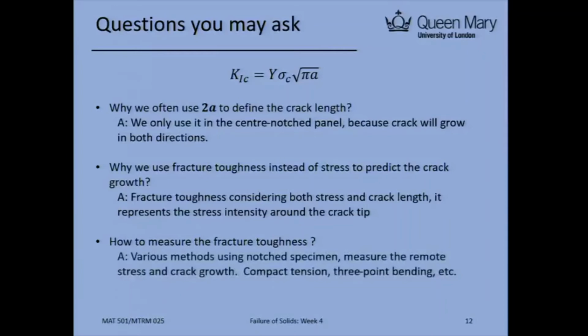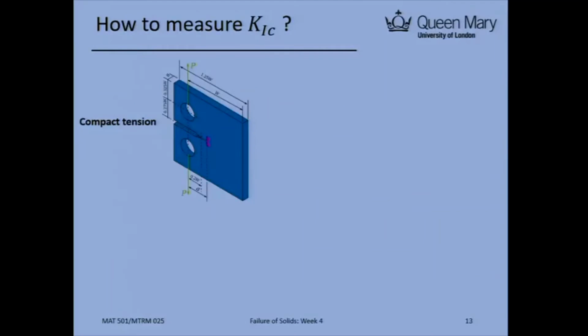So let me show you some typical example to measure the fracture toughness. One configuration is called compact tension. Compact means the specimen here is very small. It's very compact. Because using that configuration, you have 2 pinholes here.